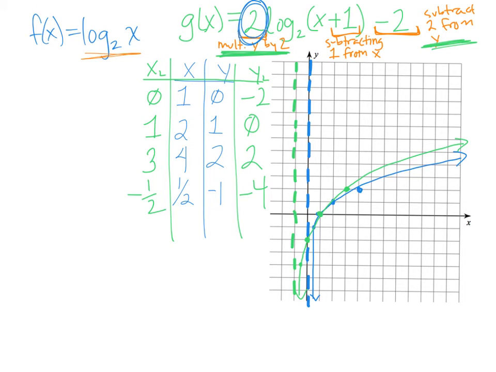This guy looks a little stretched out. He's going up a little higher. This negative 2 at the end means I shifted down 2. Looks good. This guy means I shifted left 1. Did I do that? Yes, I did. So, this looks good as a transformed function.